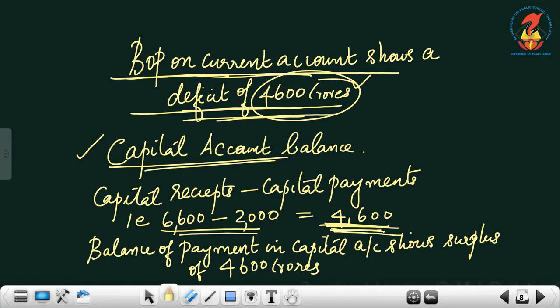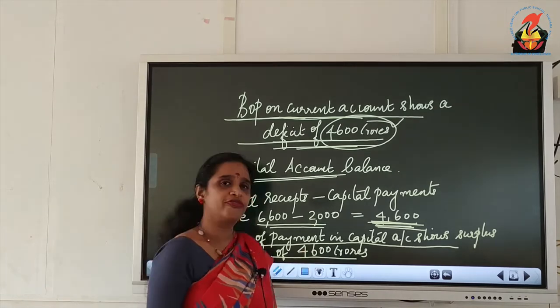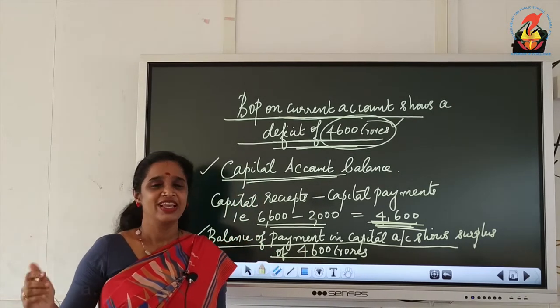So what did you understand from this? Balance of payment in the capital account shows a surplus of 4600 crores. So there is a deficit of 4600 in current account but a surplus of 4600 in the capital account.